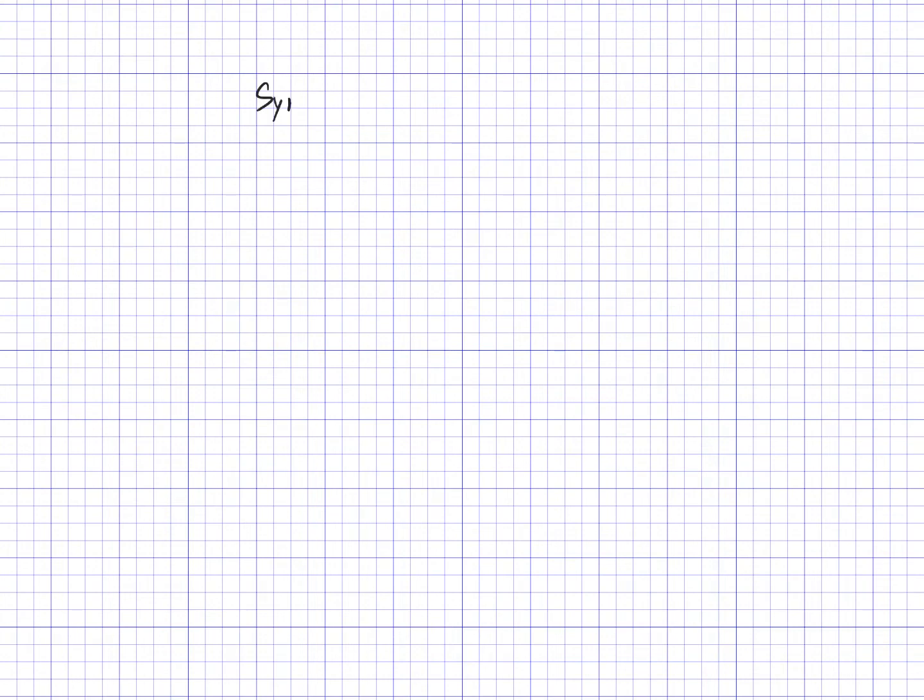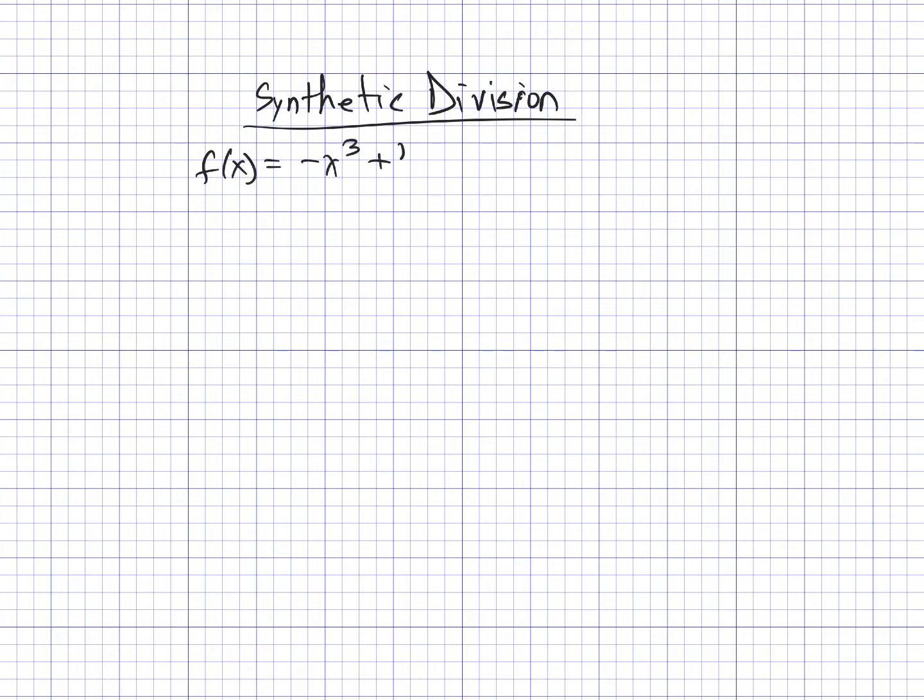All right. Synthetic division, please. All right, let's see. Which one do we want to do here? How about f of x equals negative x cubed plus 4x squared plus x, and c equals negative 2.